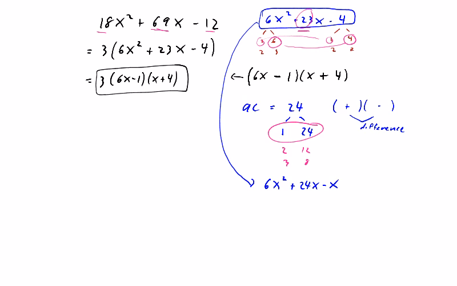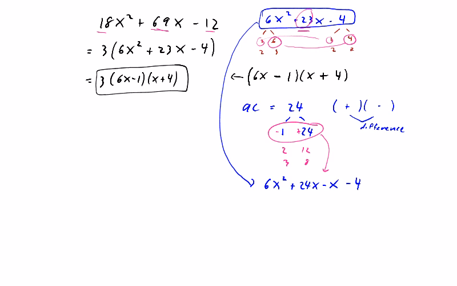We need a difference that will come up to 23. That will give us 23x, I'm sorry. And then we subtract 4. So note what we did is we used the factoring of 1 and 24 to split up the middle term, and we went with positive 24 and minus 1 to get a positive 23.